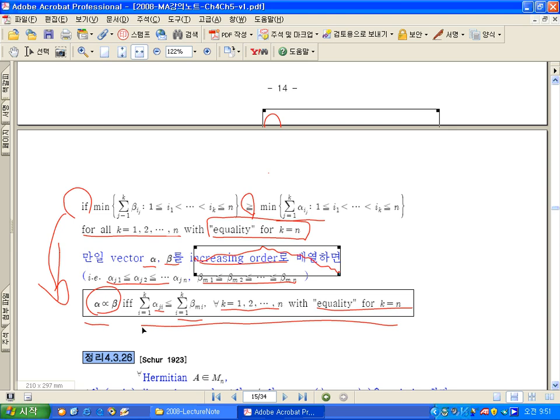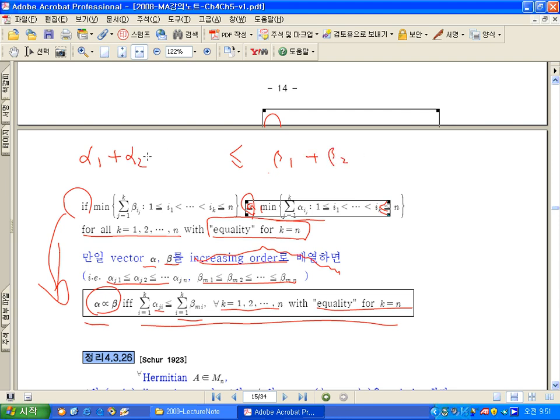What this means is, if we just look at the first index, then alpha 1 is less than or equal to beta 1, and also alpha 1 plus alpha 2 is less than or equal to beta 1 plus beta 2, and this order is preserved until the very last one.